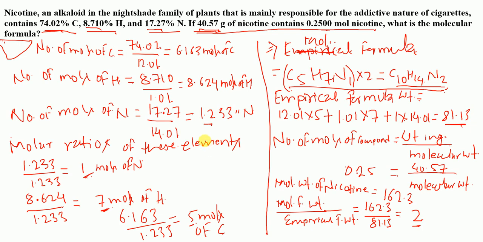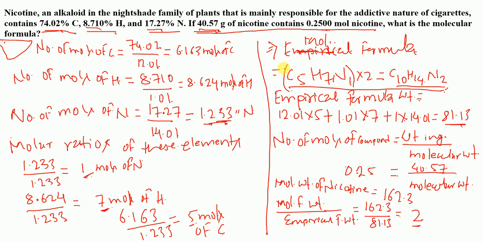We took the smallest number of moles and divided all the others by it, including itself. So 1.237 divided by 1.237, 8.624 divided by 1.237, and 6.163 divided by 1.233. So 5 moles of carbon; actually this is 4.999 something, and I wrote it as 5.